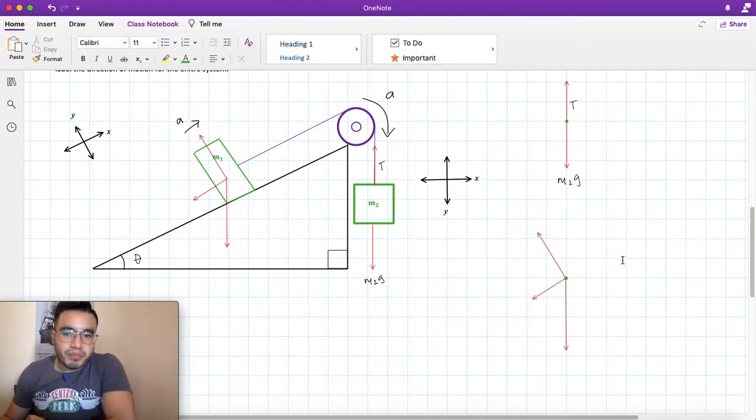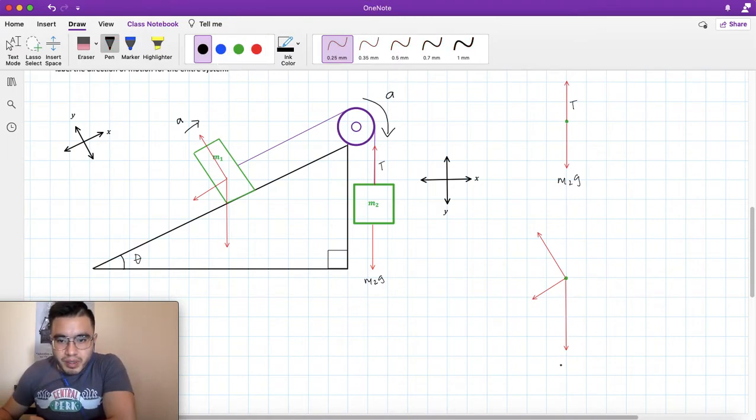There you go. Now let's label. This is the weight of mass 1. This is the normal force. Now instead of force of friction, just like this, F sub F, I'm going to write it using the equation we learned last time, which is mu sub k for kinetic times the normal.